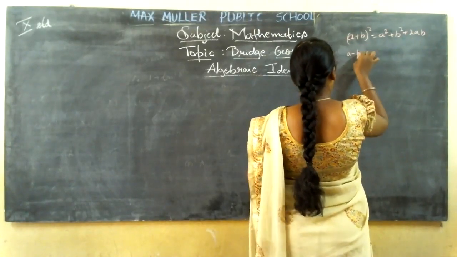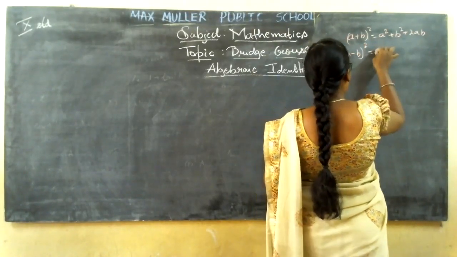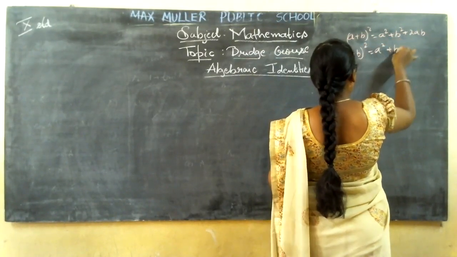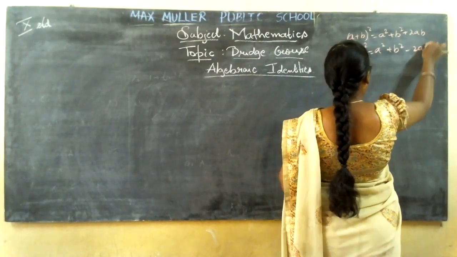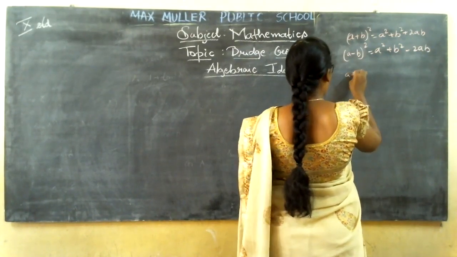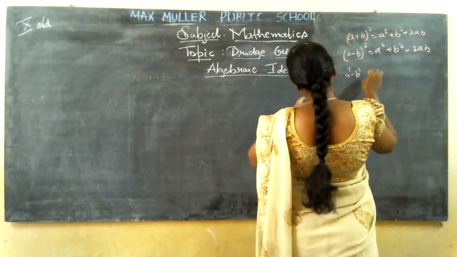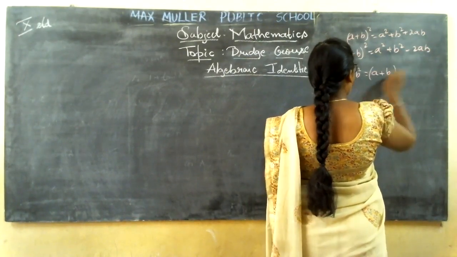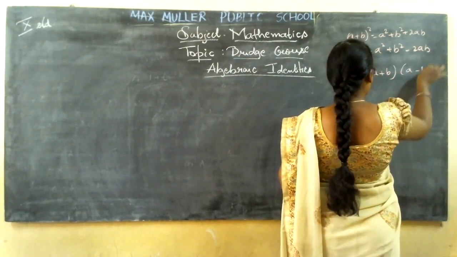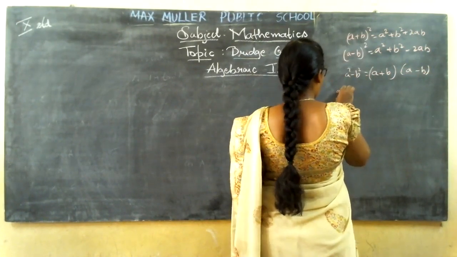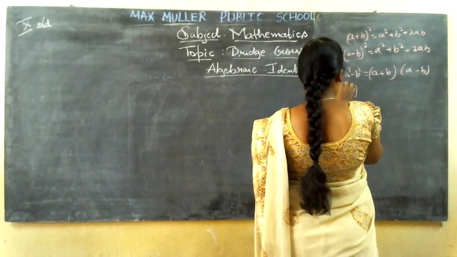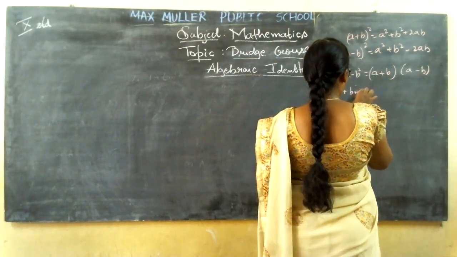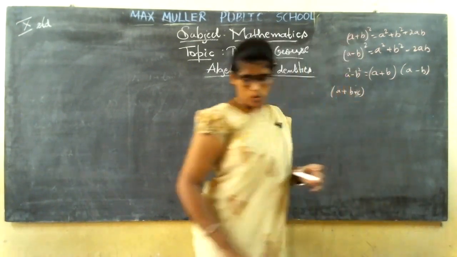It is the (a minus b) whole square formula: a square plus b square minus 2ab. The next was a square minus b square, which is equal to (a plus b) times (a minus b). The next is (a plus b plus c) the whole square, correct?